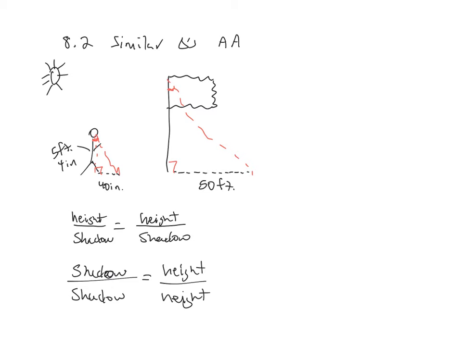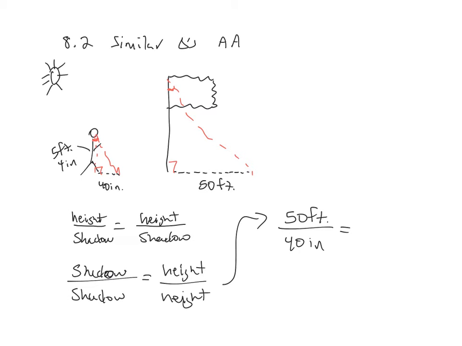So the one thing that you will have to do is you'll have to do a conversion at one point. So if we did this bottom one, the shadow of the pole is 50 feet, and the shadow of you is 40 inches. And you might think, do we need to convert those?